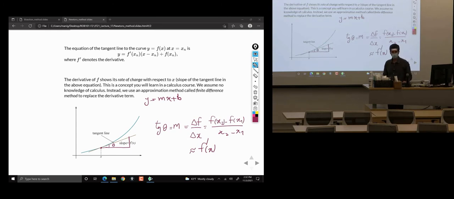Now from here, you can say that I know one single point. What's the value of my line? That's the point where I want to define the line. So f of x1 equals m x1 plus b. So you find b is f of x1 minus m times x1.